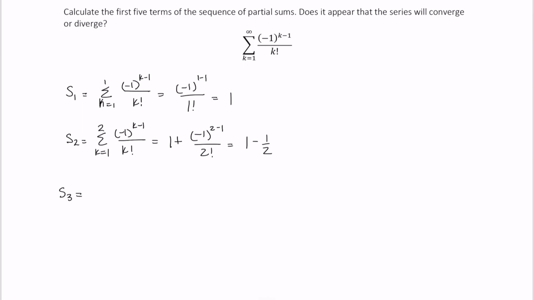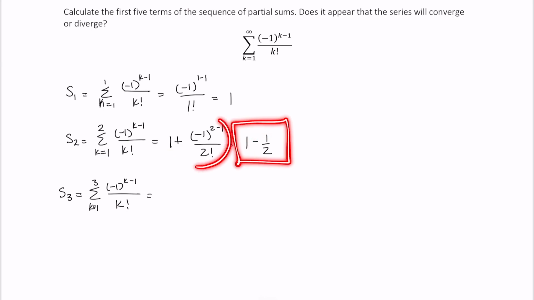My third partial sum, S sub 3, is the finite sum from 1 to 3 of the expression here for our series. So again, I'm going to take the first partial sum, which is 1, and the second term, so 1 minus 1 half.